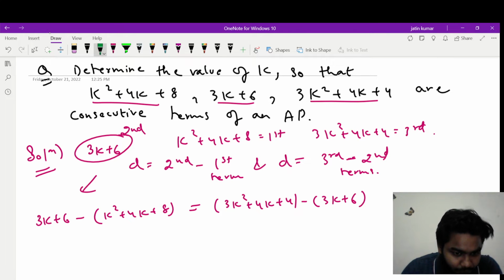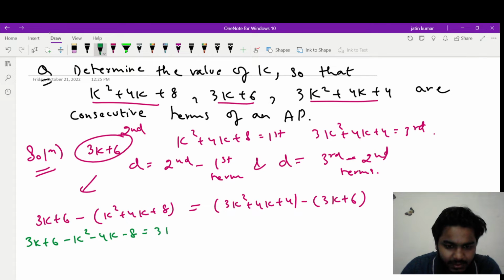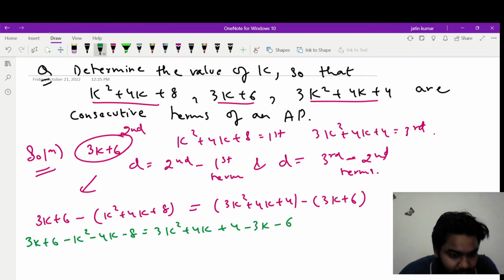So here it will be 3k plus 6 minus k square minus 4k minus 8 is equal to 3k square plus 4k plus 4 minus 3k minus 6. Solve this. The 3k will be minus k here, and the k square terms come to this side, so minus k square minus 3k square.